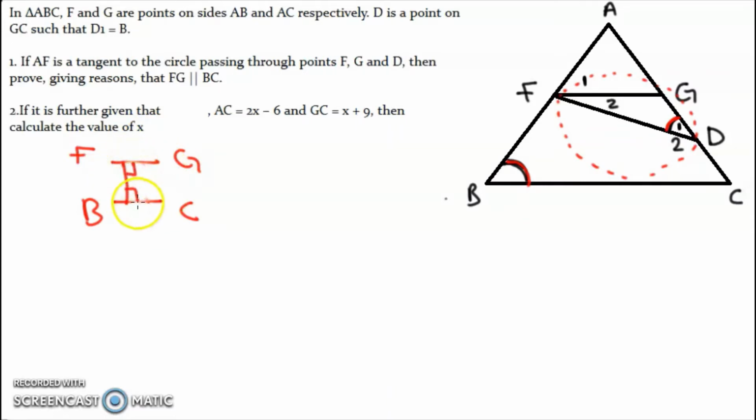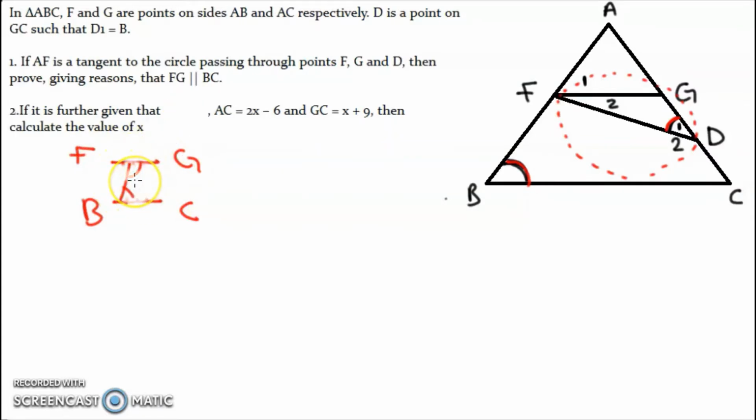In other words, when you add this angle and this angle, they should give us 180 degrees. It doesn't necessarily need to be a straight line. It can also be a line that looks like this, where this angle and this angle, when added together, give us 180 degrees. If you can prove that these two angles give 180 degrees, then FG and BC would be parallel.